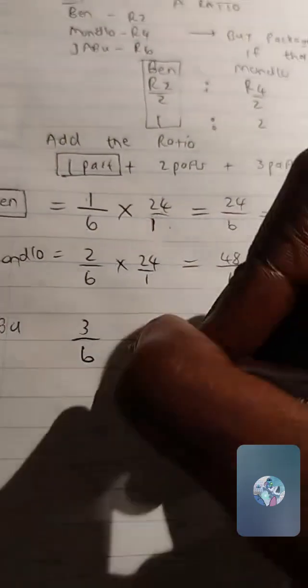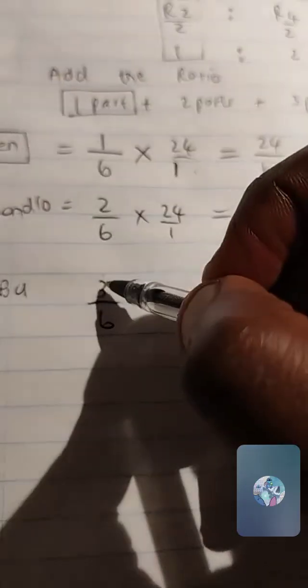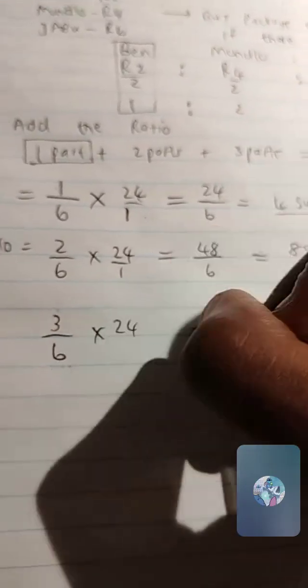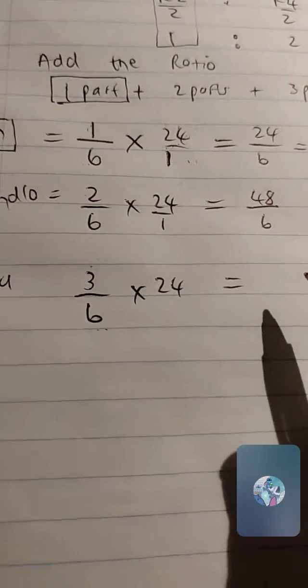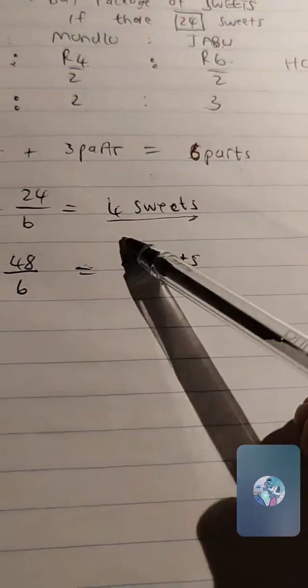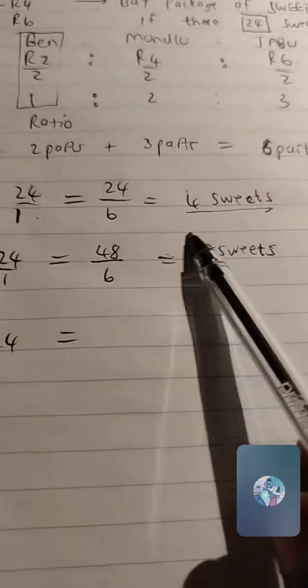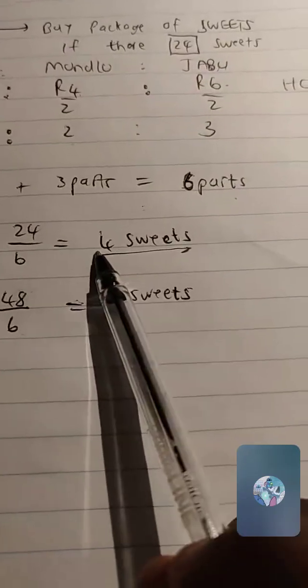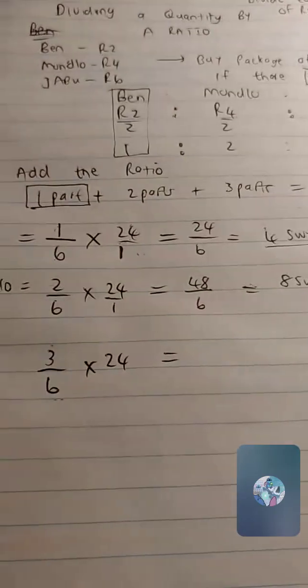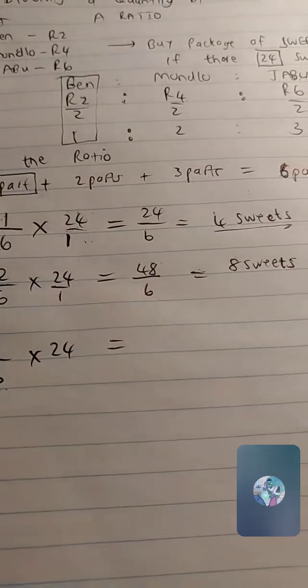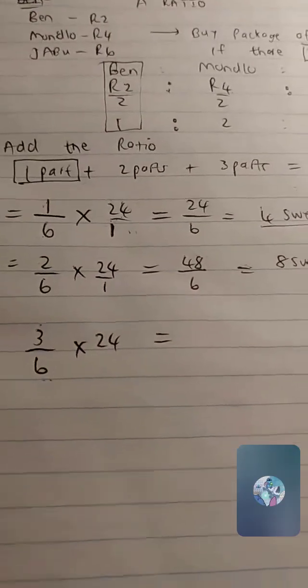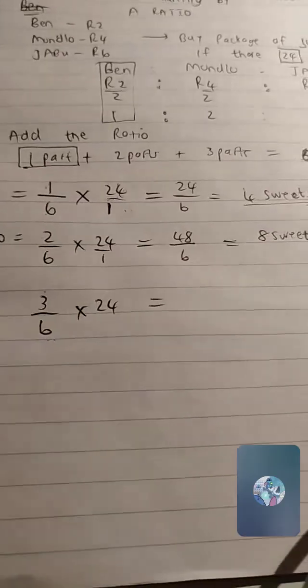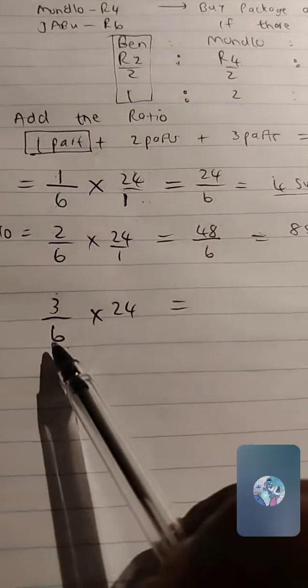So 3 out of 6 parts times the 24 sweets. And I think if we say 4 plus 8 is 12, we already know what is remaining. If we have a total of 24 sweets, he was going to get 12 sweets. Yeah, exactly. But let's just confirm.